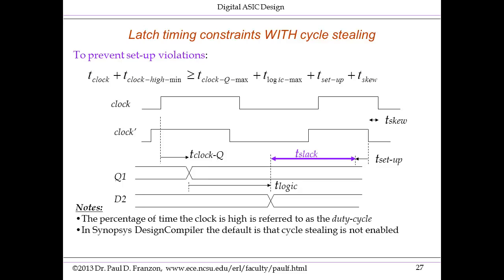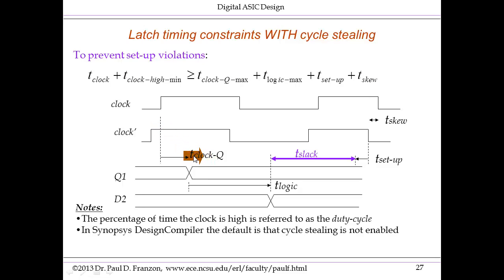This is illustrated in this timing diagram below. Again, the worst case scenario for the random skew is when the clock going to the right hand latch is advanced with respect to the clock going to the left hand latch.